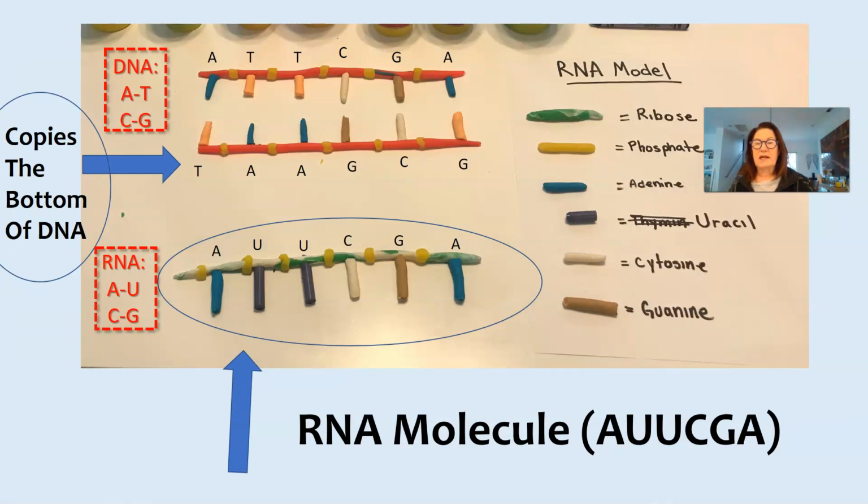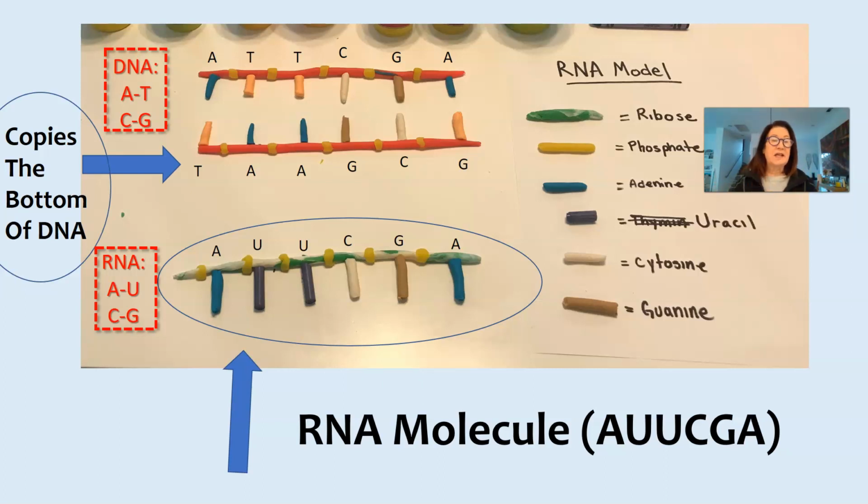This bottom portion of our DNA is going to be what we base our RNA on. So remember, we have a couple of things different in RNA from DNA. One of them is that we have a ribose sugar instead of a deoxyribose.